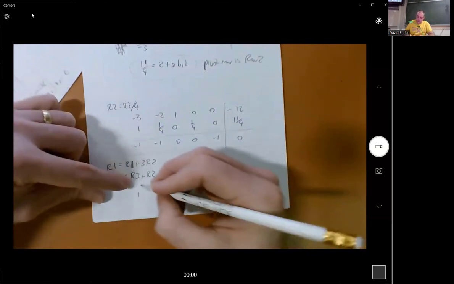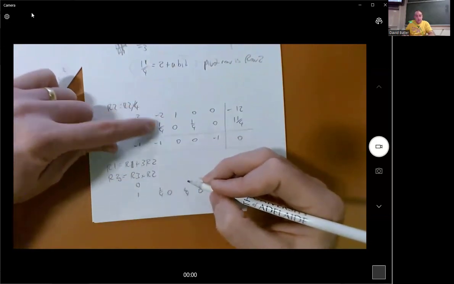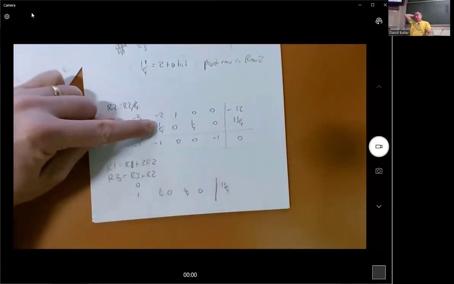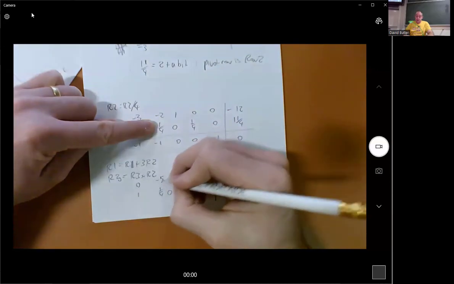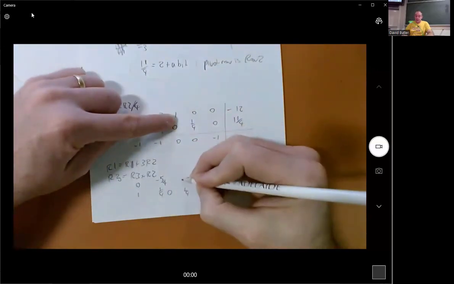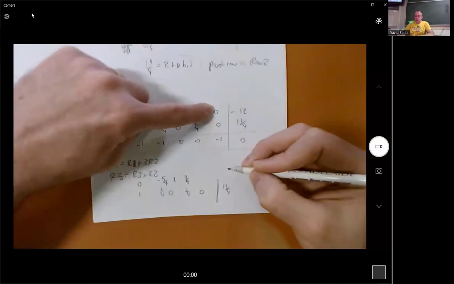And then the top row becomes this plus 3 of that, which is 0. This plus 3 of that: -8/4 plus 1 plus 3/4 is -5/4. This plus 3 of that is still 1. This plus 3 of that is 3/4. This plus 3 of that is 0.